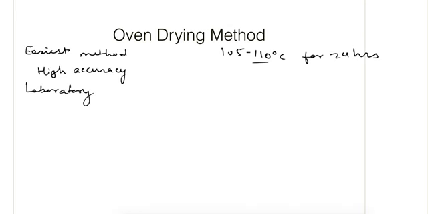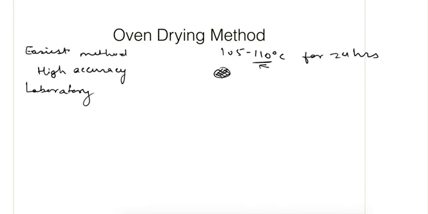This condition is there because if we go beyond the temperature of 110, if some water is there in the structure of the soil, the crystalline water which is there in the structure may be lost if we heat up the sample beyond this temperature.